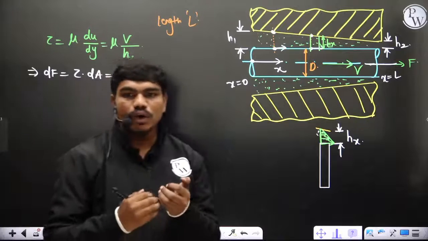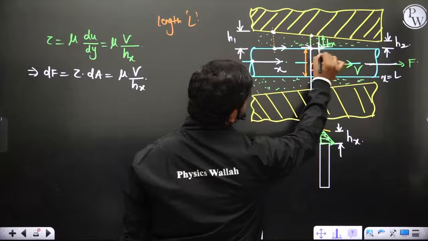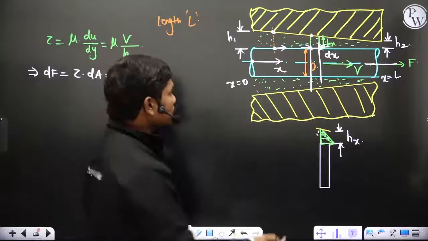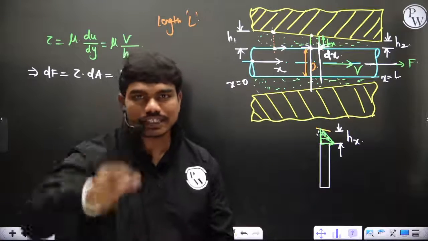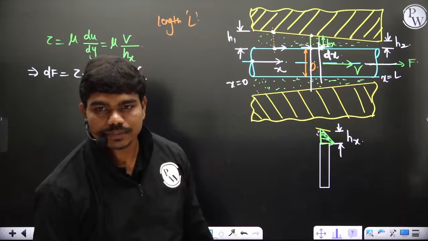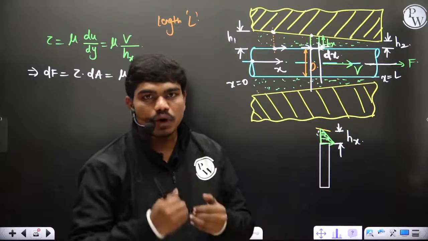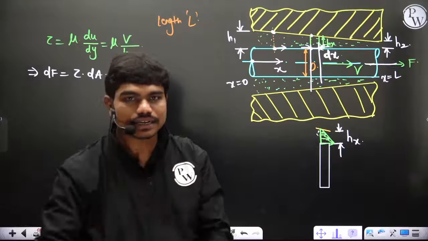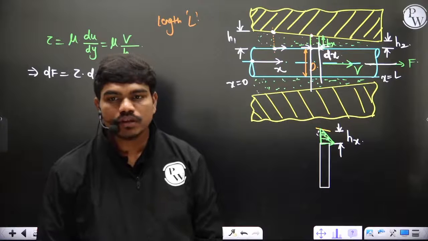Can anyone tell me what is dA? Let us suppose I take this small thickness as dx. Can anyone tell me what is the area of fluid-solid contact if this length is dx, over that strip of circle? This is a circular shaft.